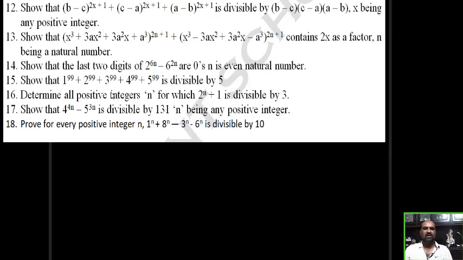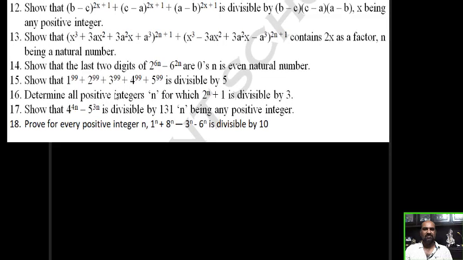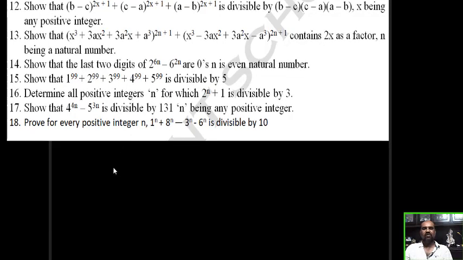Some more problems are there with us, students. Okay, the 12th problem is also important. One by one I want to explain. Same model, 12th also.